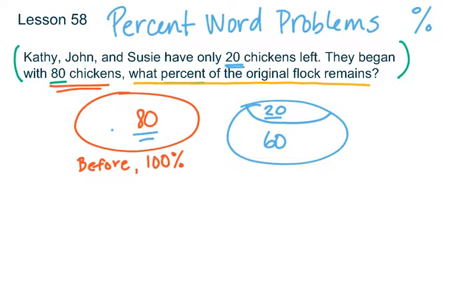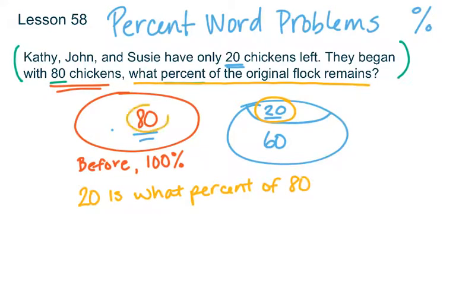So really what we're searching for is asking 20, which is how many chickens we have left, is what percent of 80, because that was our original amount.